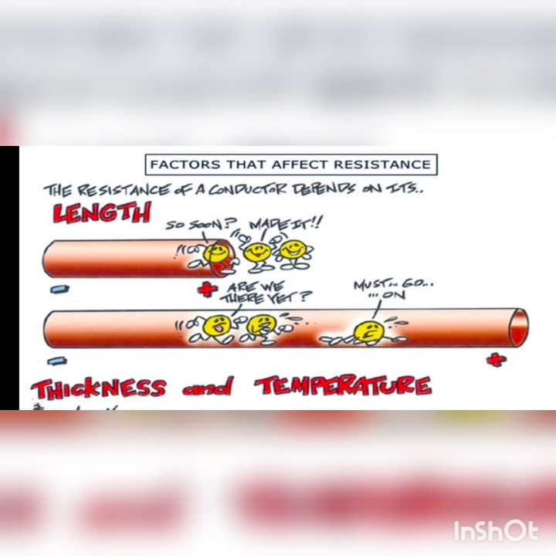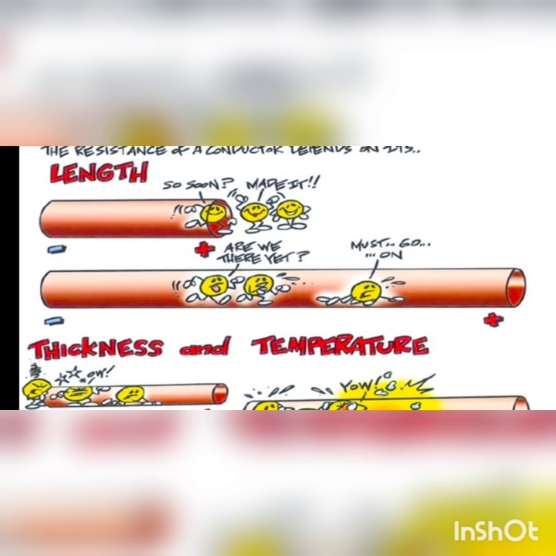If I take two wires of the same cross-sectional area but different lengths, then you can see that in the shorter wire you have less hindrance for the free electrons. They will reach from one end to another in a short time as compared to the longer wire. So they will face more hindrance in the wire having larger length. That's why if length increases, resistance also increases.